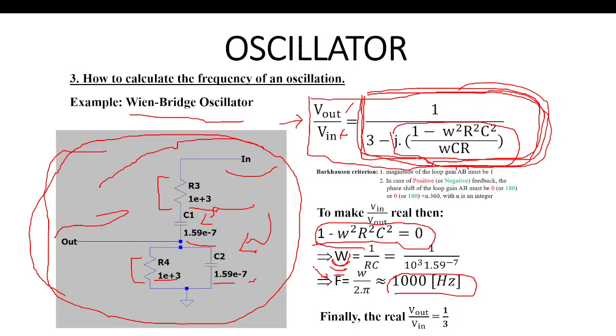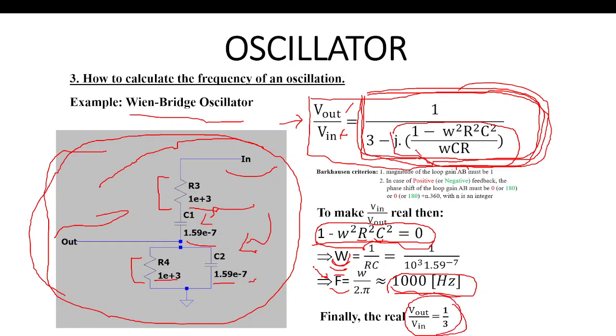According to this condition, the resistor here is 1 kilo ohm and the capacitor here is 0.159 microfarad. We obtain the frequency approximately 1000 Hertz. And in this case the transfer function is a real number, it has the value 1/3.